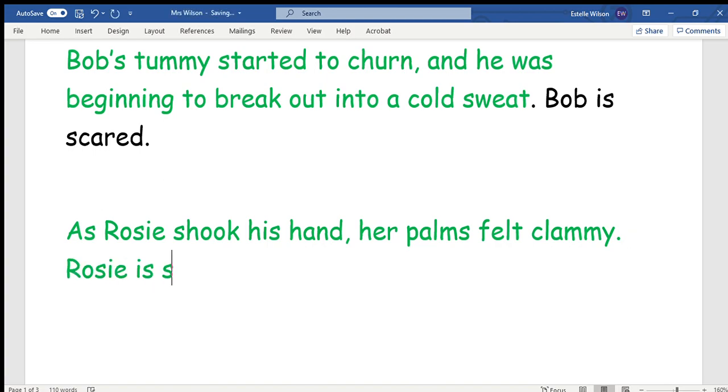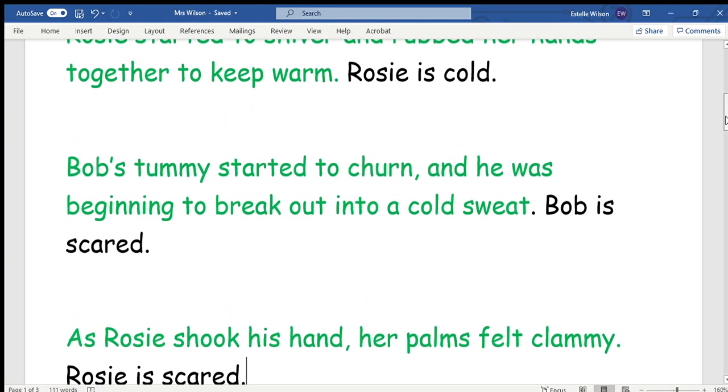How do we know Rosie is scared? What is it in that sentence that suggests that? So for me, it's the fact that her palms felt clammy, because often when you get sweaty hands, it might mean you're a bit scared or a bit nervous, okay?